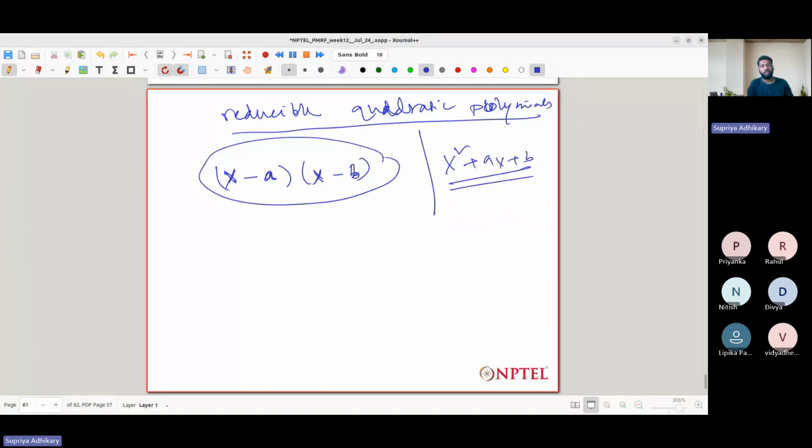Basically we just need to choose two elements a and b from the field Zp, right? So how many ways can we choose two distinct elements a and b? That is, we choose 2, which is nothing but p choose 2. So two distinct elements can be chosen in this form.